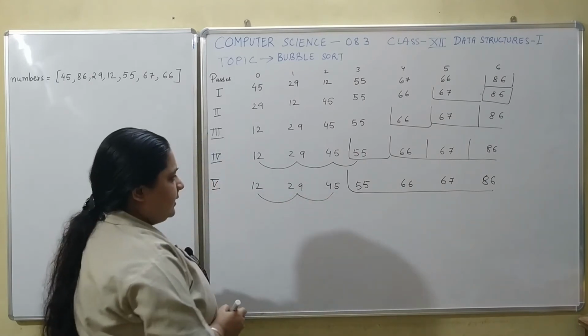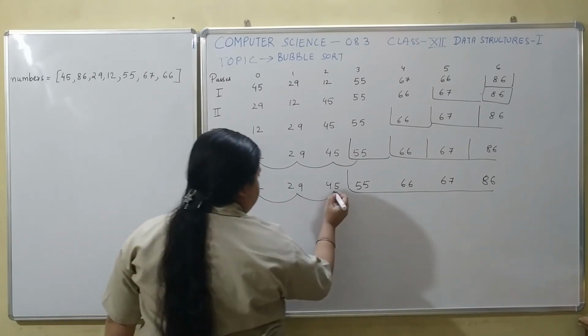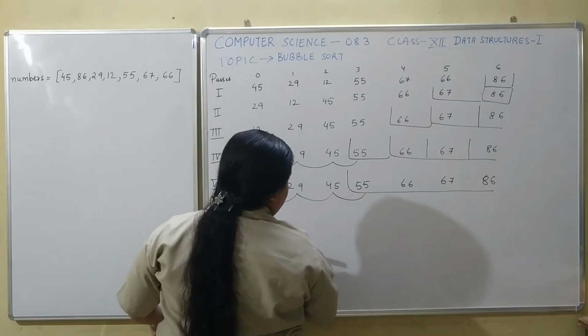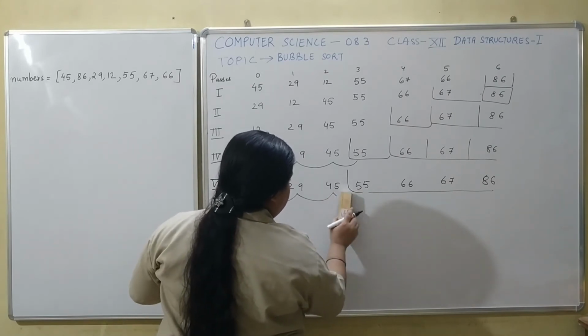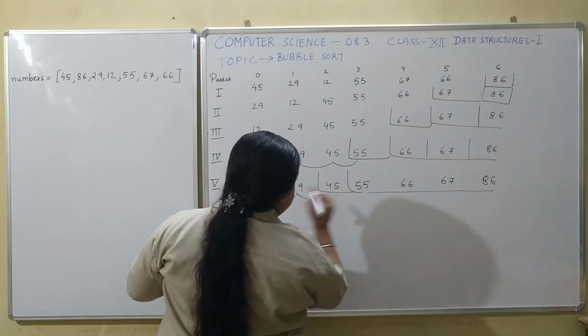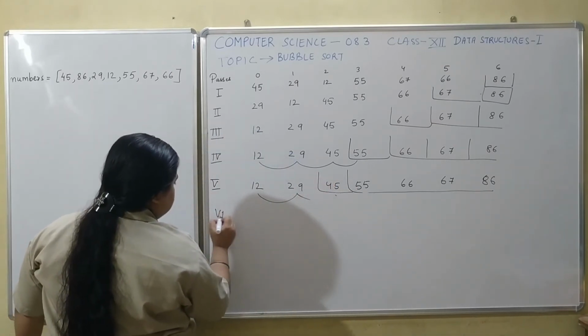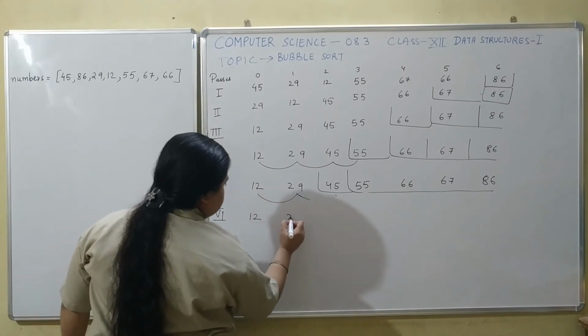Is 29 greater than 45? Is 45 greater than 55 or not? This way it is going to check, and finally this is it. Then the sixth pass.